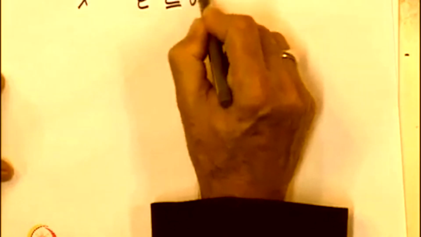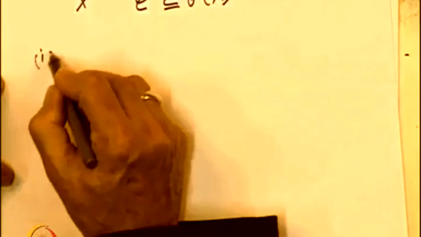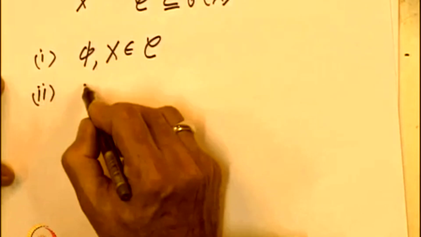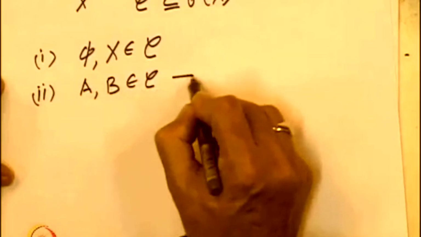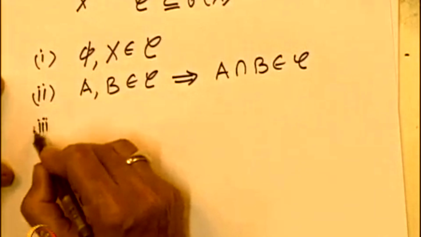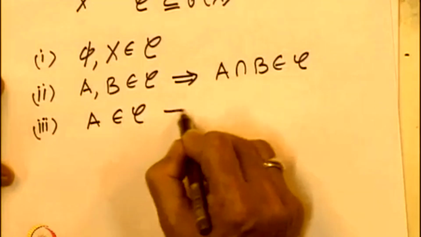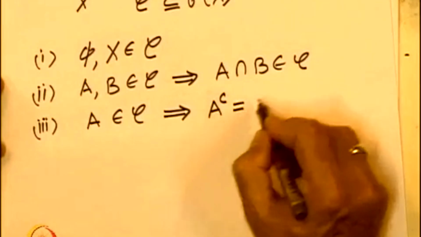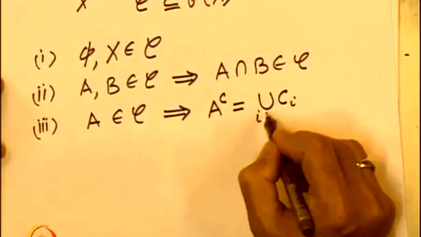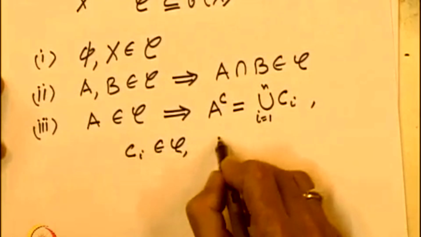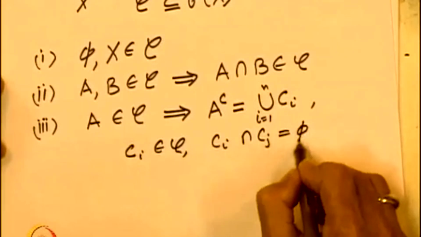X is a non-empty set, C is a collection of subsets of X. The first property: the empty set and the whole space belong to C. The second: if A and B belong to C, then A intersection B belongs to C. And the third property, which is very crucial: if A belongs to C, then the set A complement need not be in C, but we want to be able to write it as a union of elements Ci, a finite number of them, i equal to 1 to n, such that the Ci's are elements of C and they are pairwise disjoint, Ci intersection Cj is empty.